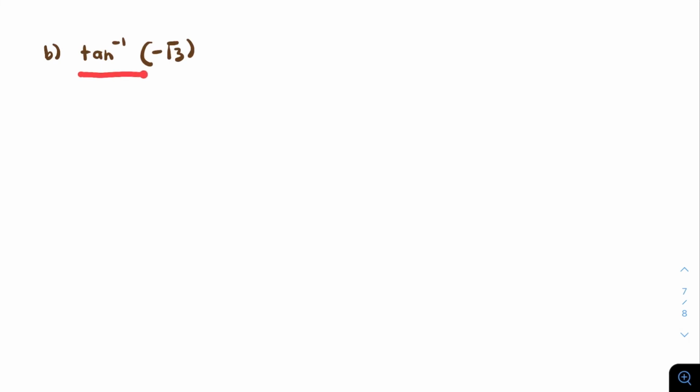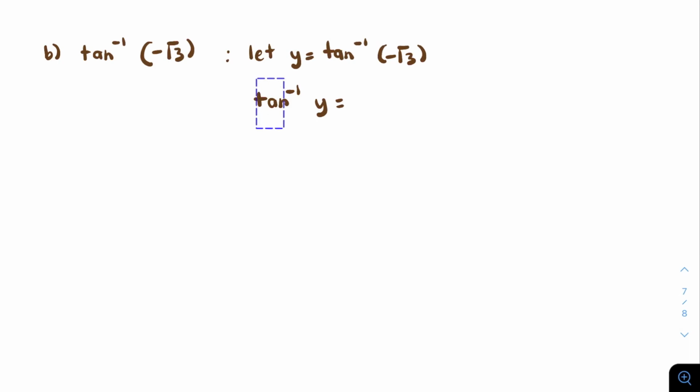Next one, tangent inverse of negative square root of 3. Again, first thing first, you let y equal tangent inverse of negative square root of 3, and then you're going to have tangent y equal to negative square root of 3, and y will fall from negative pi over 2 until pi over 2.